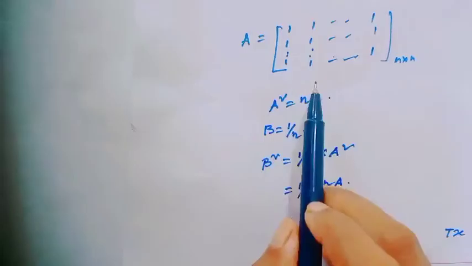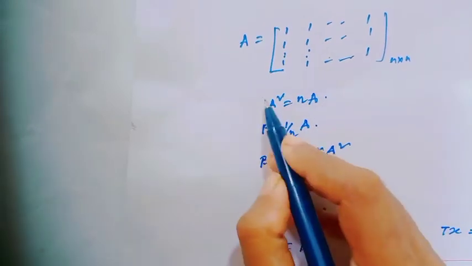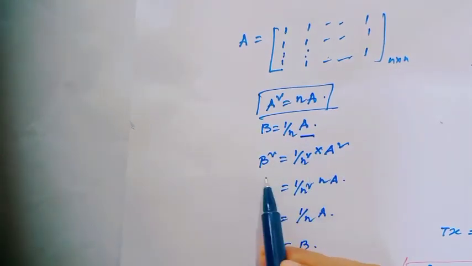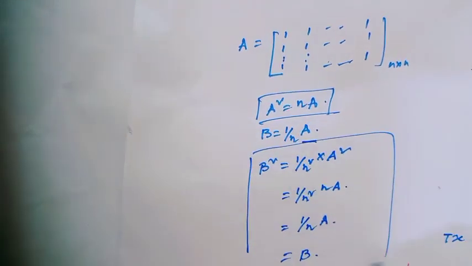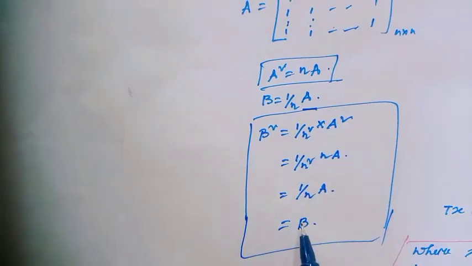For n cross n, consider this type of matrix, then A square would be nA. Consider B equal to 1 over n times A, then similarly B square equals B. Okay? Are you getting it?